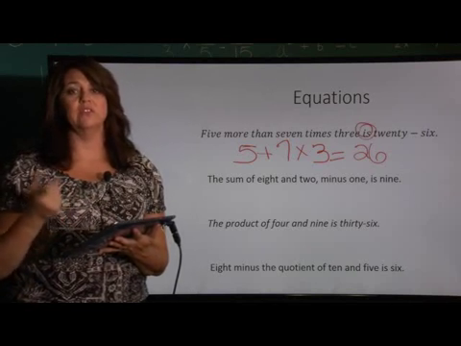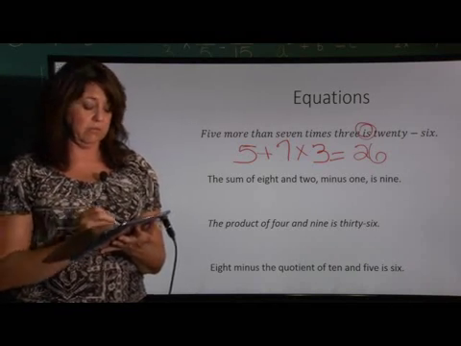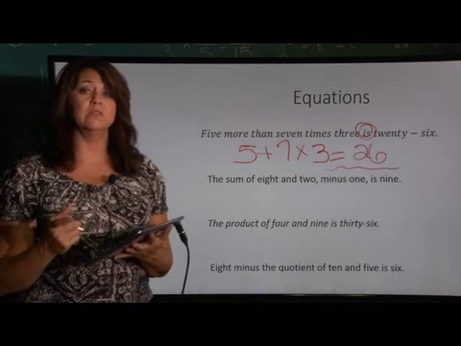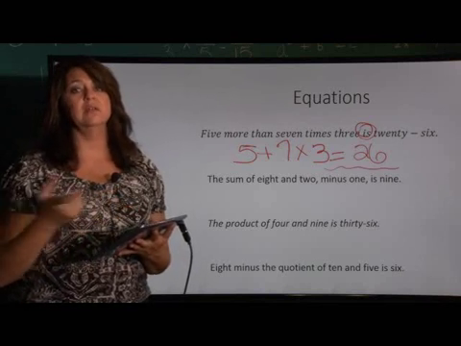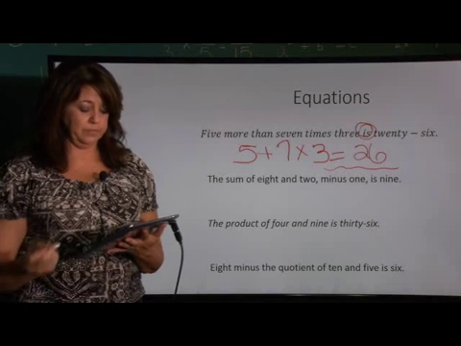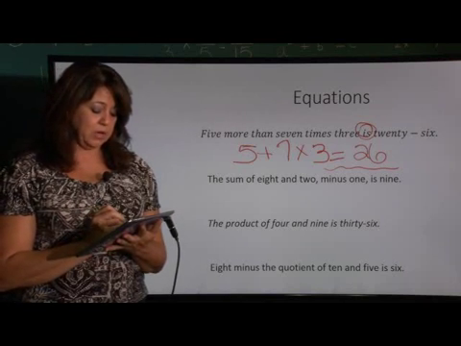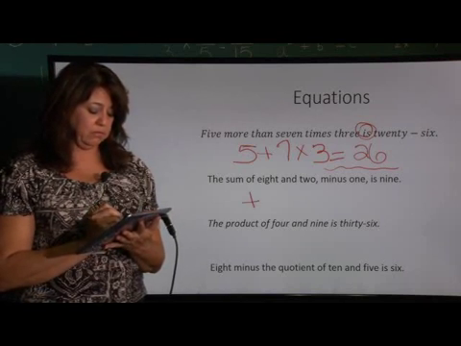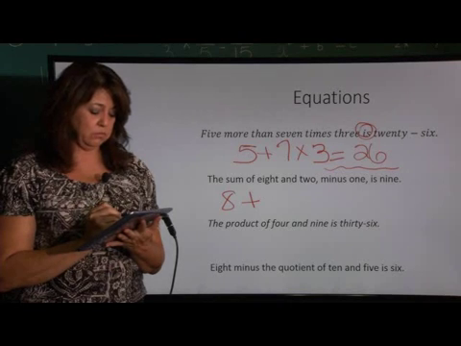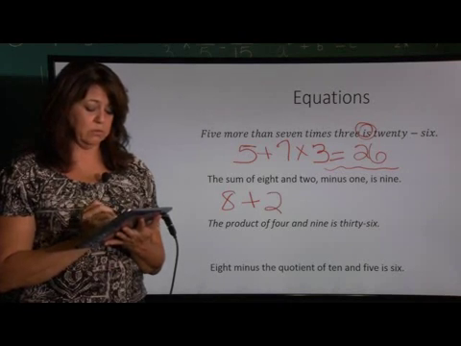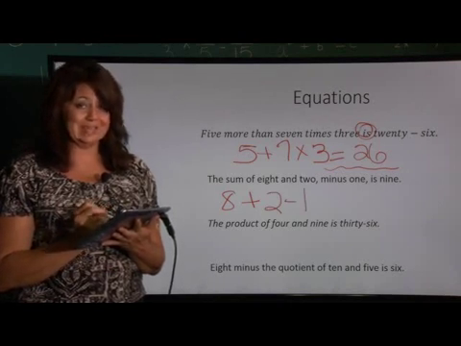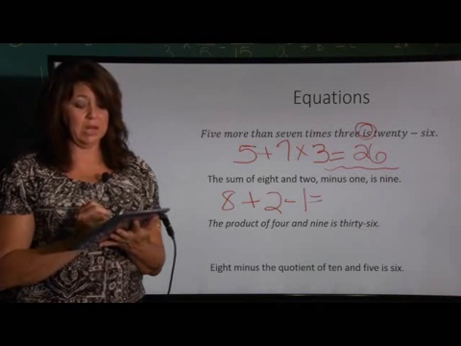Is translates into the equal sign. Since I have an equal sign, I have an equation instead of an expression. The sum of 8 and 2 minus 1 is 9.